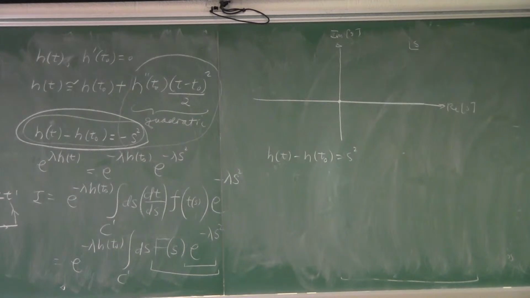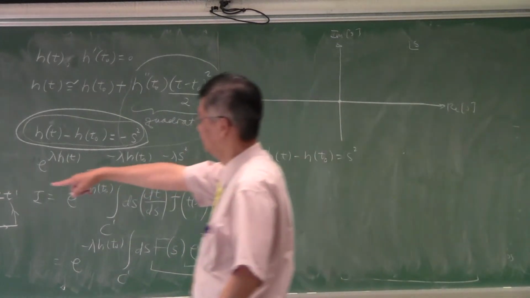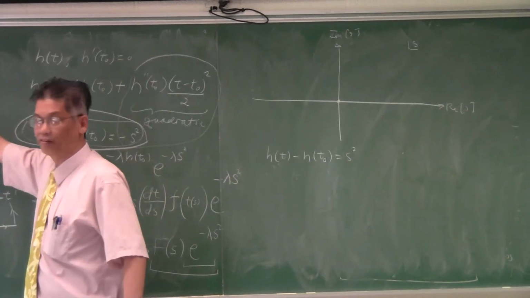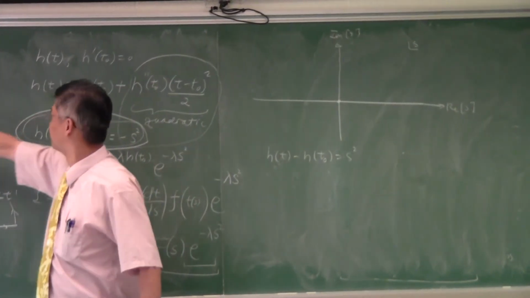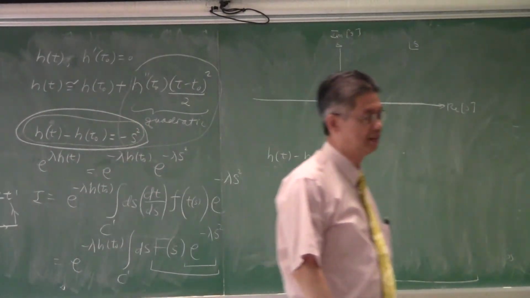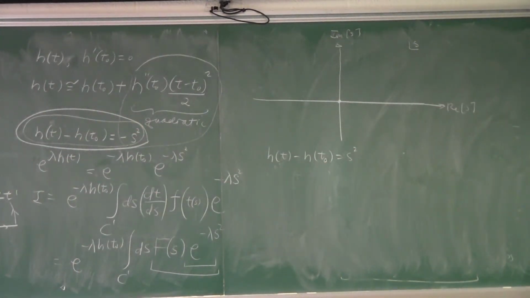So I have this constant phase path. On this path, the phase of the integrand doesn't change. Now I went through a change of variables. I'm on the complex S-plane now, working with the S variable.